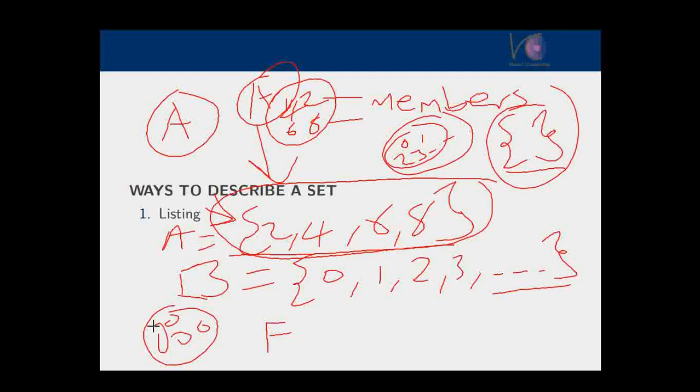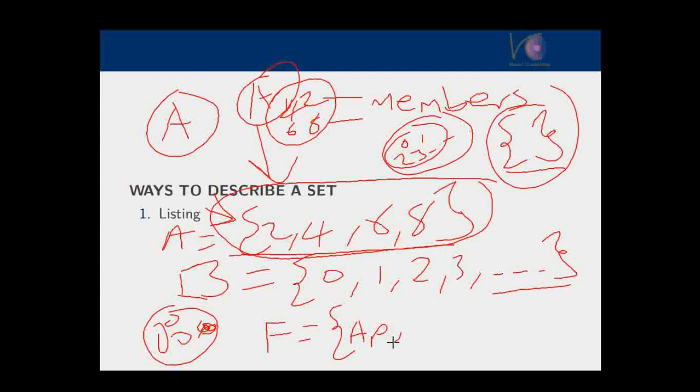How do you describe these fruits? You can use the listing method, where if the first fruit is an apple, you say apple, then separate with a comma.